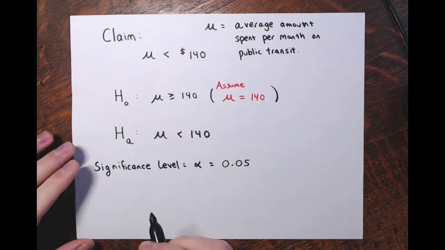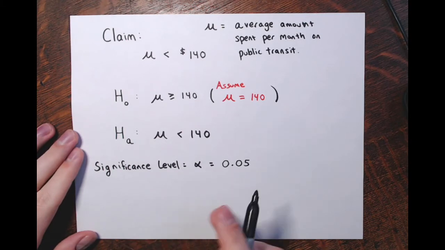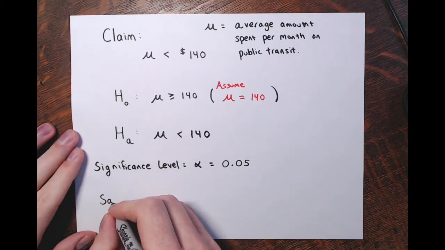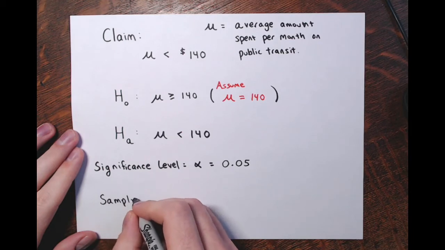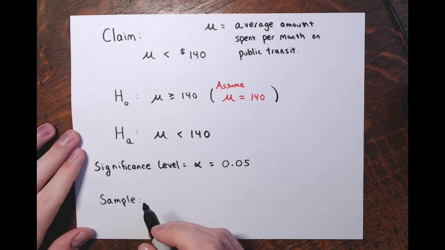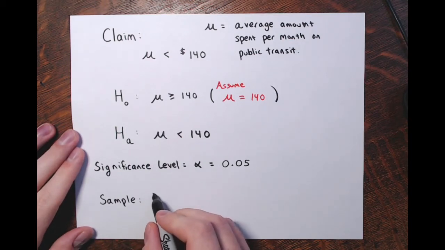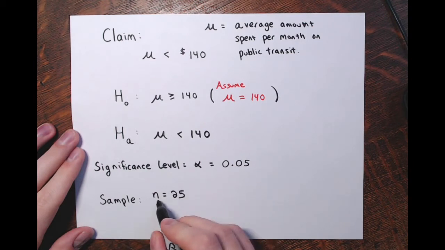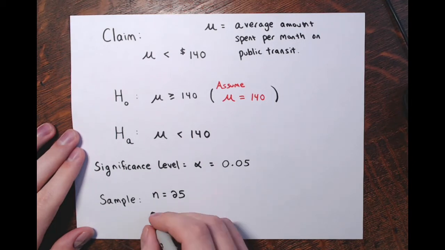All right. Then once the significance level is identified, a sample is taken, or samples, but in this case it's just one sample. A sample is taken from the population, and it said that Rachel sampled 25 city residents, right? So the size of her sample, which is N, is 25. And she obtained a sample mean, so say X bar.